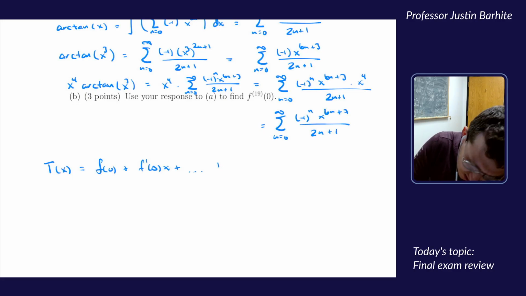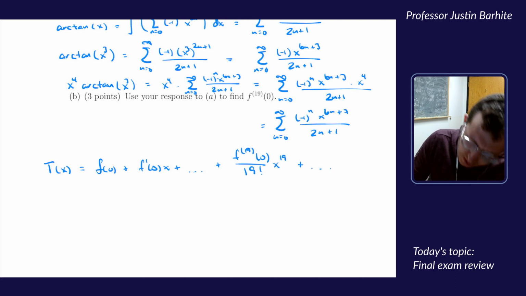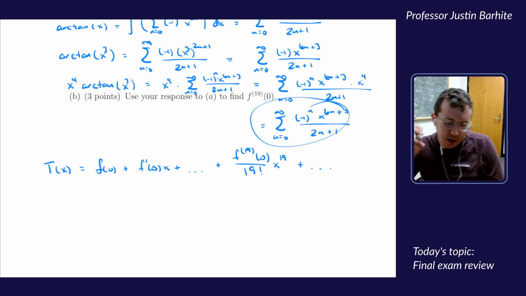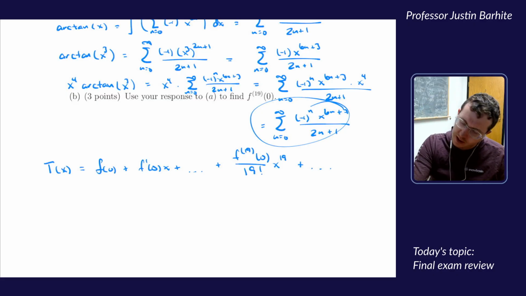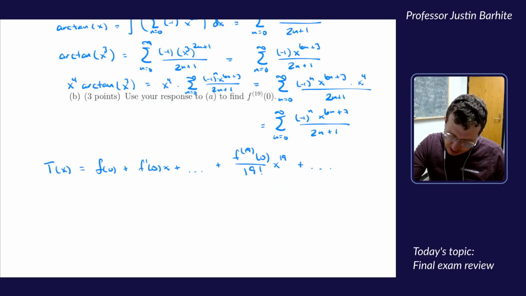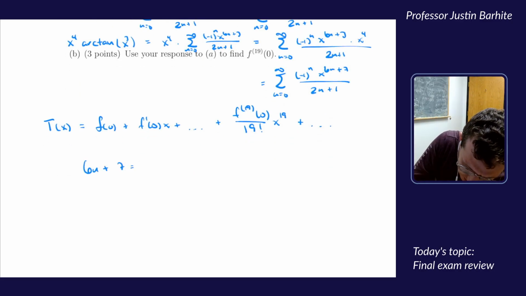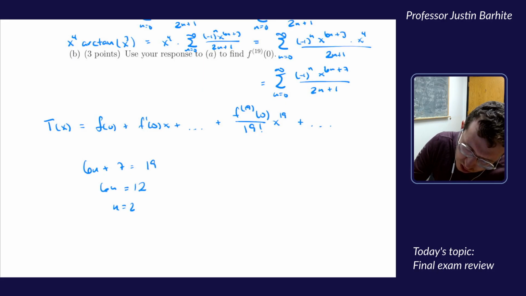And then eventually we're going to get to a term which is the 19th derivative of f at 0 divided by 19 factorial times x to the 19th. And then it'll continue on. But I just need to identify the term in that sum which has an x to the 19th. That's going to happen when 6n plus 7 is equal to 19, which happens when 6n is 12, where n is 2.